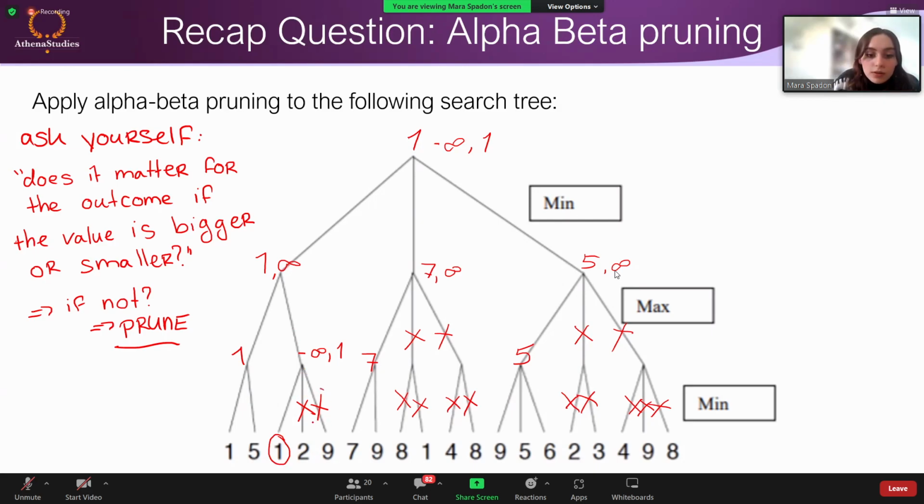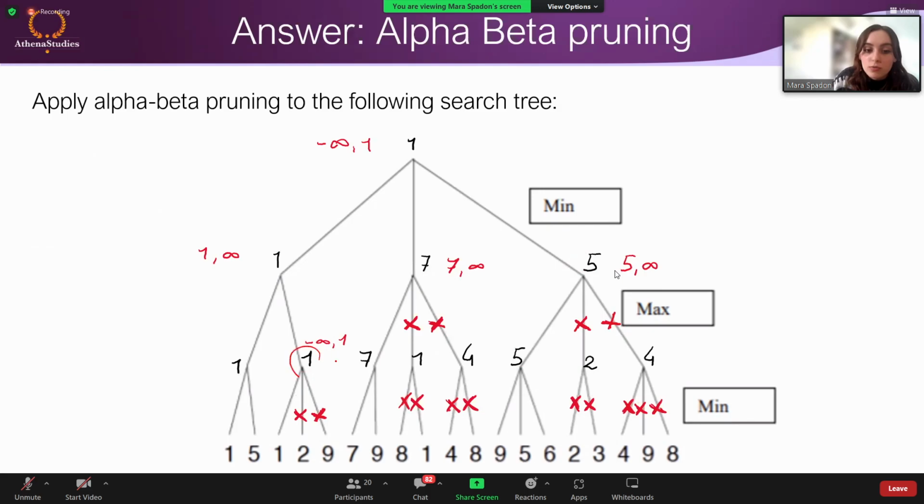So here we could say if this one was smaller, then min would choose it. But we know already for the next branch that max will not choose it. And if it was bigger, then we know for this branch, min would not choose it because it wants something smaller than 1. So then in our case, it doesn't matter. So we can prune these two. And from that, we know that it will choose 1 in the end.